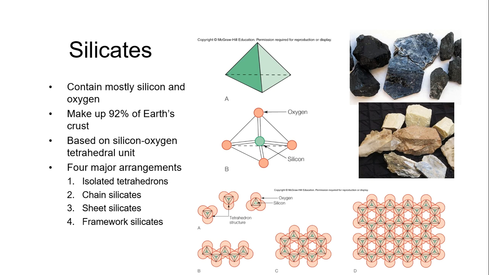And then you could have a 2-dimensional chain, which would be called a sheet, which you see in figures C and D of this figure. Or you have a framework of silicates, where there are regular 3-dimensional patterns involving these tetrahedral units of silicon and oxygen.